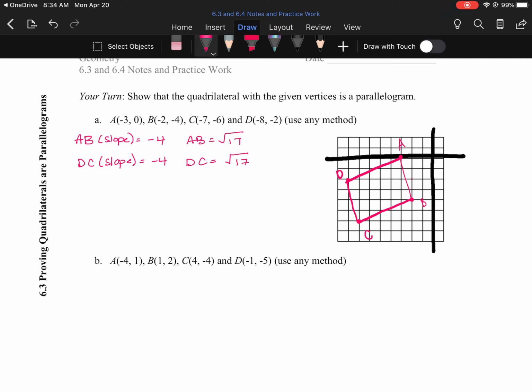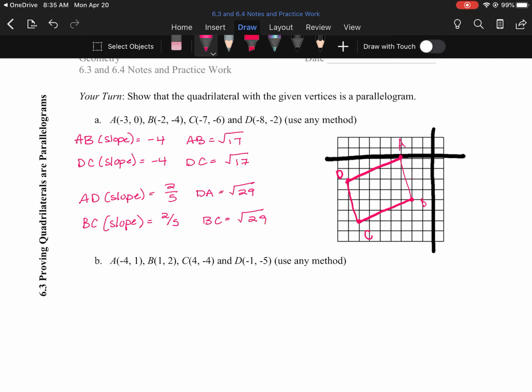Now, if you did AD, the slope should be 2/5, and the distance is the square root of 29. And if you did B to C, the slope is 2/5, and the length is the square root of 29.